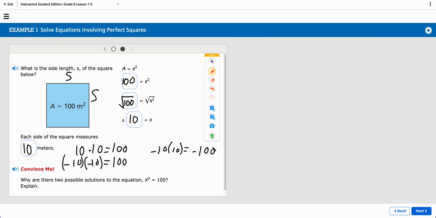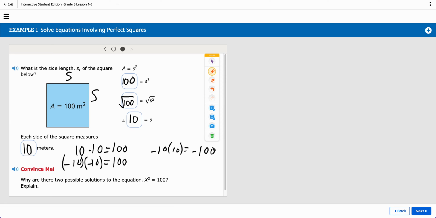Negative 100 is not the same thing as positive 100. So you actually can't take the square root of a negative number, because the square root means we need one number times itself. I can't do any number times itself and get a negative number. So we're not gonna put negative numbers inside the radical, okay?